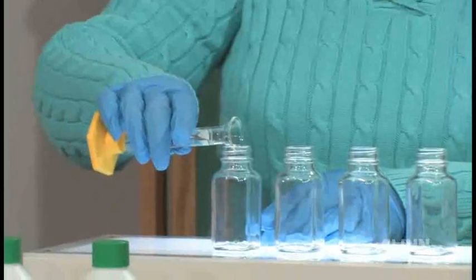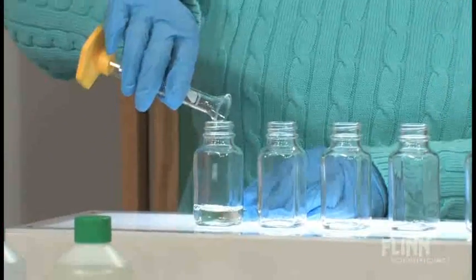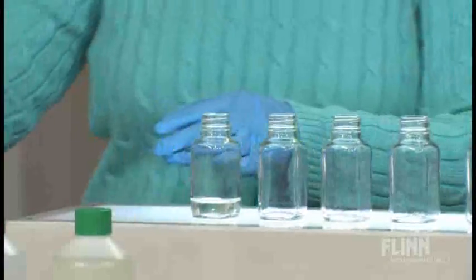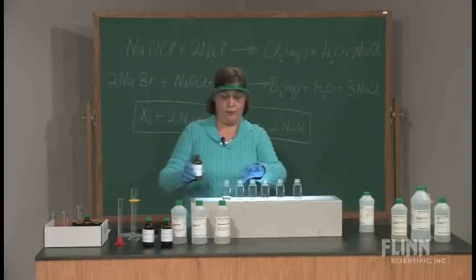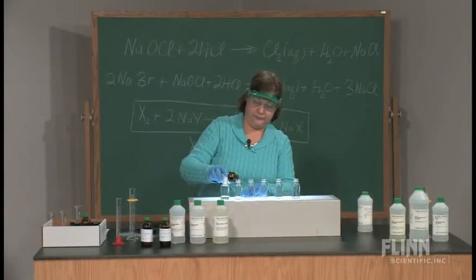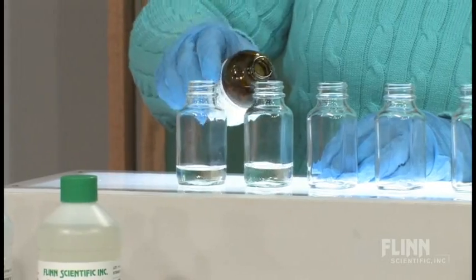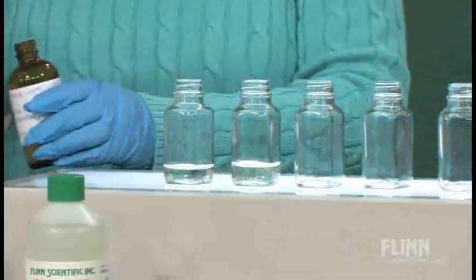And I've got 10 milliliters of chlorine water, and I'm going to pour that in the first, and then for the second one I'm just going to pour to about the same level. Okay, I'm going to go ahead and cap that up.